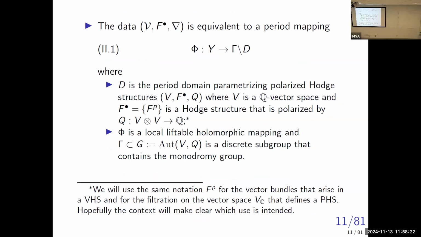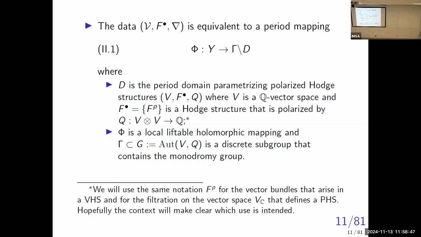So the data of a variation of Hodge structure is equivalent to a period mapping where you look at the period domain of all Hodge structures with given h^{p,q} and a polarization, and you have a holomorphic mapping modulo the global monodromy group.